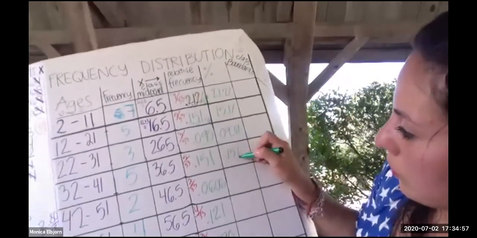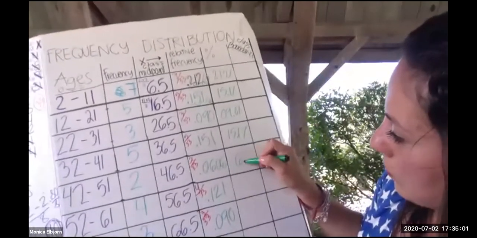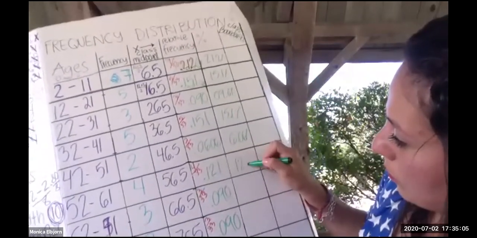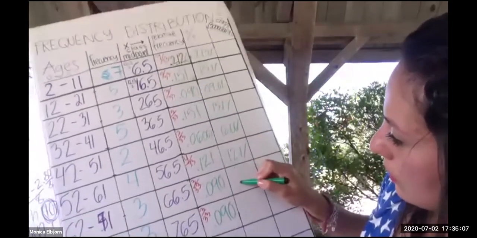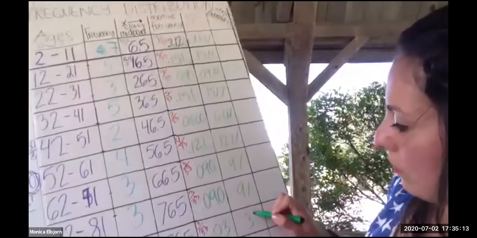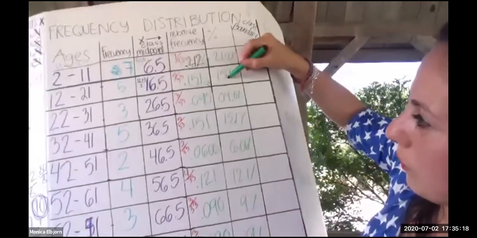So 15.1%, 6.06%, 12.1%, 9%, 9%, and then 3%. So if we add these, it should be very close to 100.